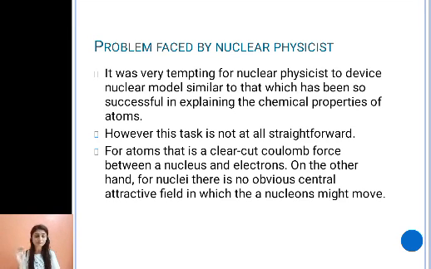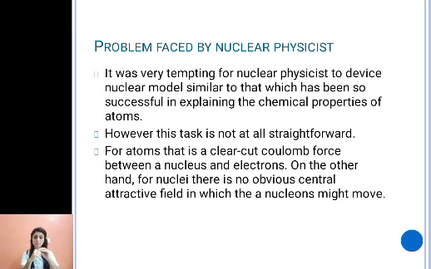However, this task is not at all straightforward, because for atoms there is a clear-cut Coulomb force between the nucleus and electrons. On the other hand, for nuclei, there is no obvious central attractive force in which nucleons might move.